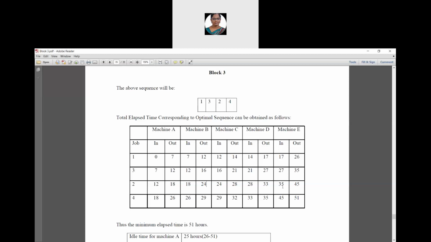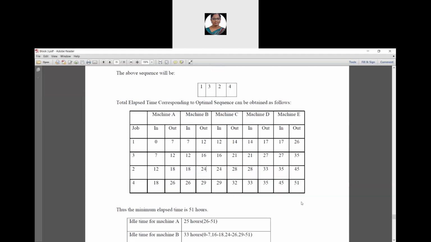Then for job 4, in value is 45. Its out value is calculated by adding the in value 45 plus the processing time for job 4 in machine E, which is 6. So 45 plus 6 is 51.